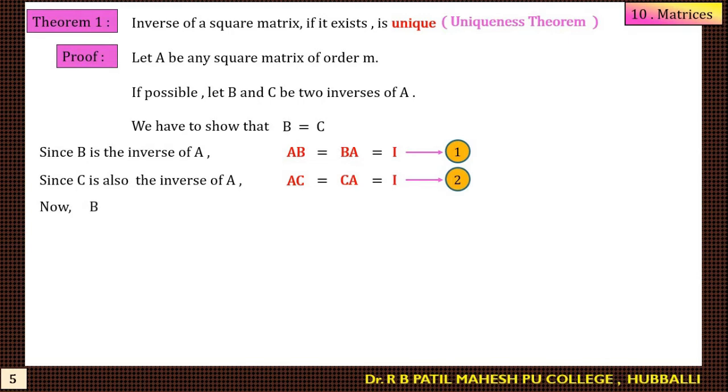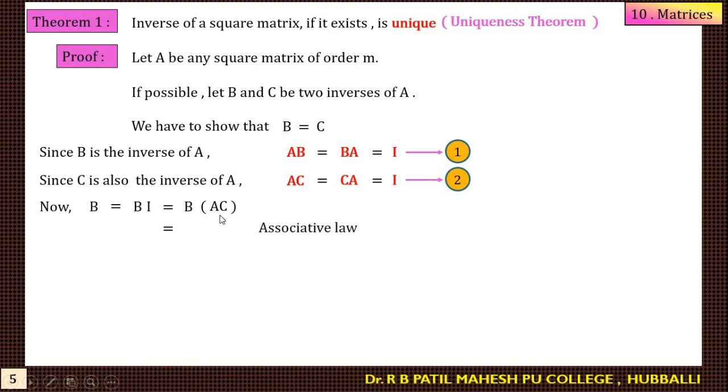Now let me consider, we know that B is equal to BI. You study the properties of multiplication. B matrix can be written as B into identity matrix. Now I we can replace by AC by equation 2.